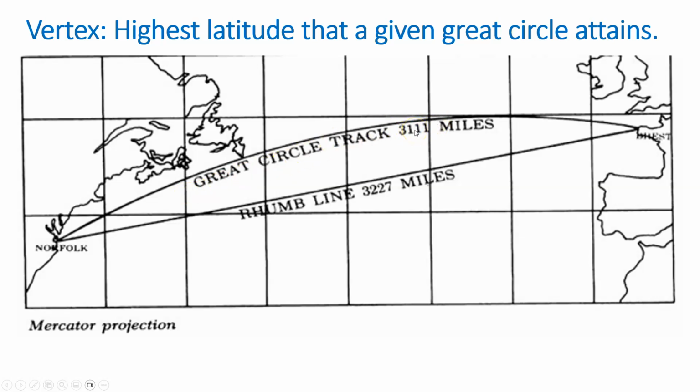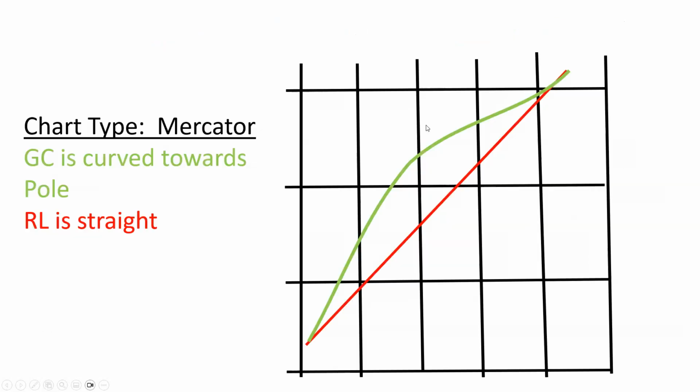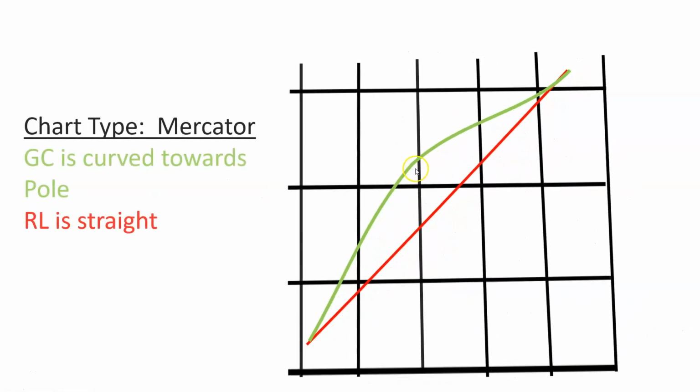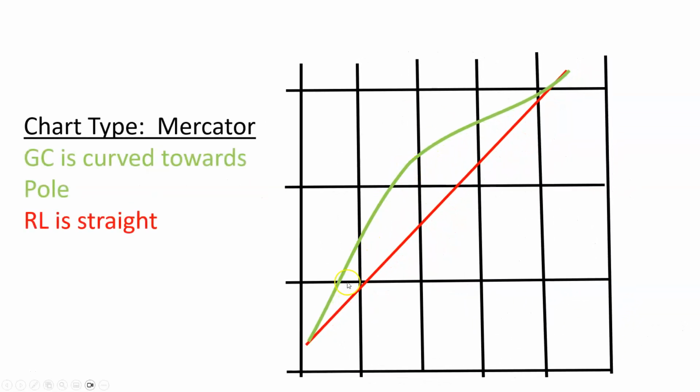Now, the fascinating thing here is that it looks longer, but in fact it's shorter, because you have to remember that those meridians are actually converging. So a great circle is a curved line, and it's curved towards the pole. This is a little bit different than the Rhumb line.